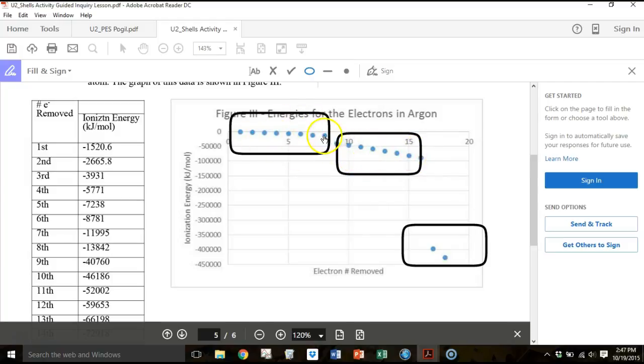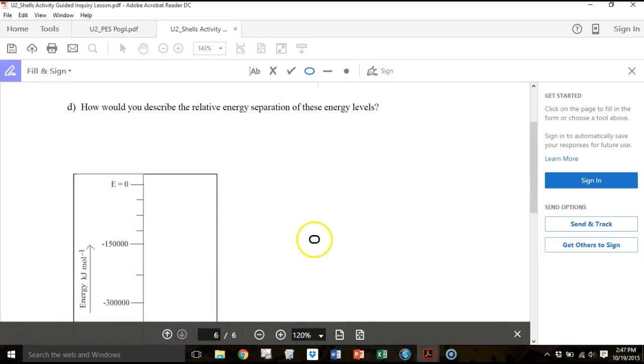So again, if you're asked to label the average, that would be just kind of in the center here, just get the value. Just notice that if I centered this group and read over, there would be a different overall average. And when we look at our PES data in the next class, the differentiation in those levels will become more evident. How would you describe the relative energy separation of these levels?